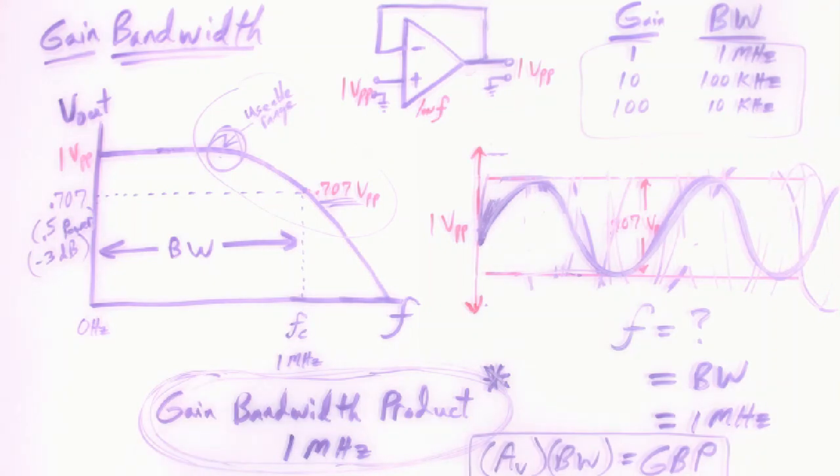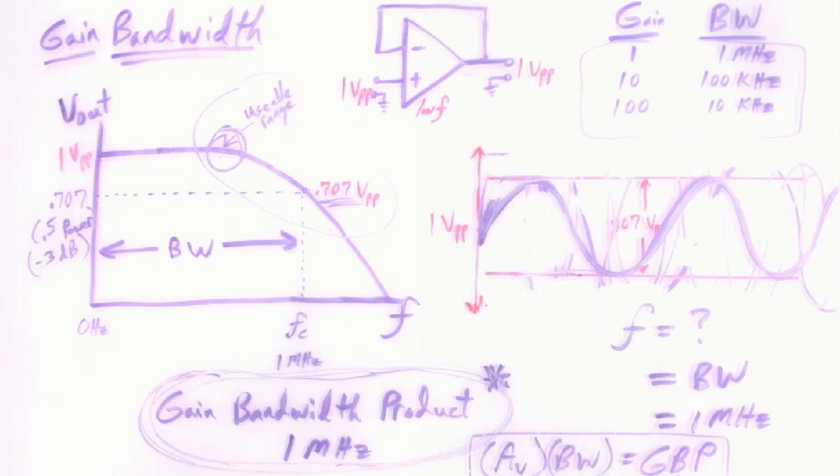And just to finish up, if it's not obvious, but you might see it in this format down here at the bottom of the screen, where gain bandwidth product is simply the gain times the bandwidth. And then you can do the algebra you need, of course, simply. If you have a gain bandwidth product rating from the data sheet here, and you know what gain you need, then you can solve for the bandwidth that you'll have right here.